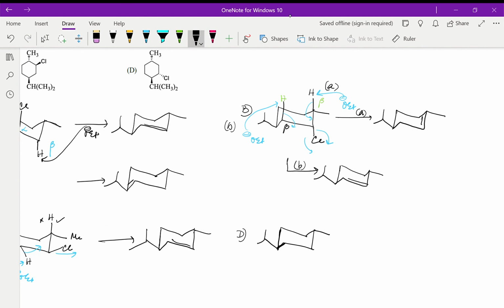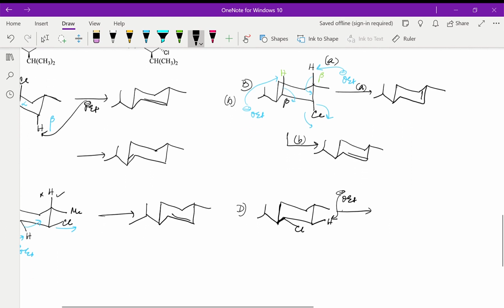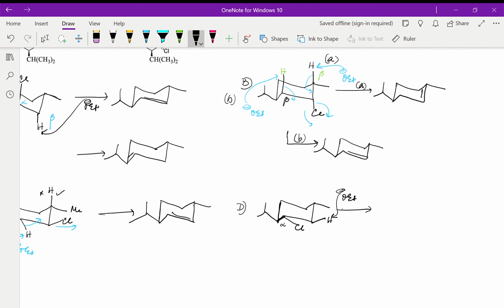Okay, your chlorine is downwards, so it is going to be on the equatorial bond, and then you have your H like that, that is your base, which can take up this proton over here. With respect to this as alpha, this is beta, so again another beta elimination, and again we are having a very similar product to what we obtained in the case of C, which is that.